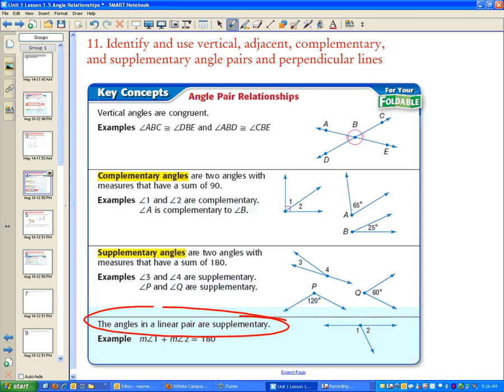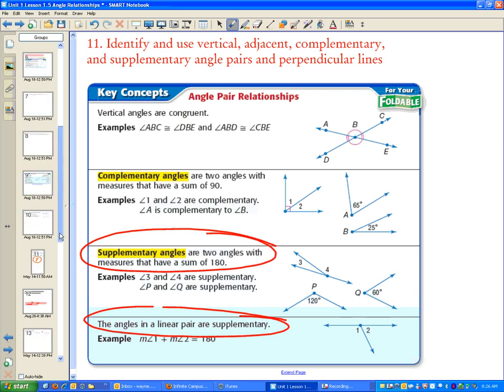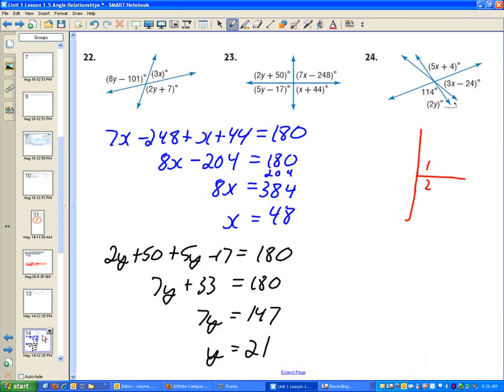We have the definition that says supplementary angles are two angles with measures that have a sum of 180. So, since they're a linear pair, then they're supplementary. Since they're supplementary, then their measures add up to 180. And that's what allows me to set up the equation. So I just use the logic to figure out that when I add these measures together, it has to equal 180.